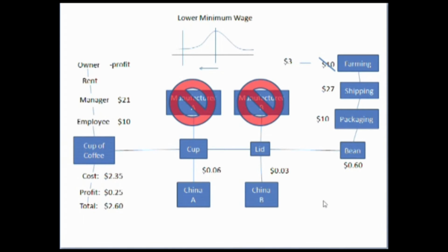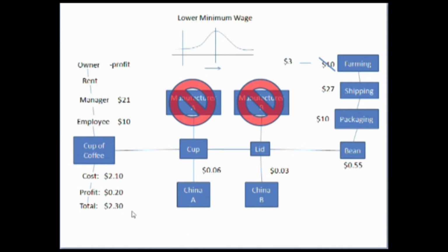But eventually, either a new coffee shop will come along and hire employees at $10 an hour and start charging less, forcing our coffee shop to go out of business because they can't compete, or he'll have to start firing employees and hiring new people at $10 an hour. While this will lower the cost of the cup of coffee, it still doesn't bring us back down to where we were.